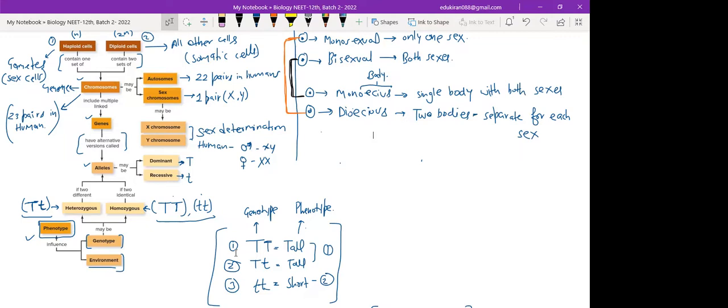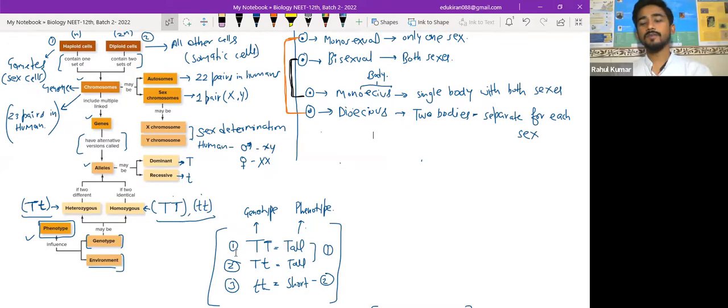If it is dominant, it will be capital T and capital T. In some cases it is capital T and small t, and very few chances of small t and small t. We realize that there can be different genotypes, and two different genotypes can still give rise to one phenotype, right?